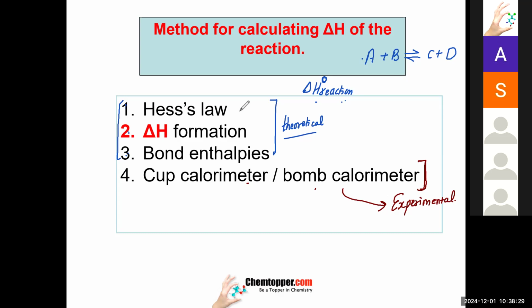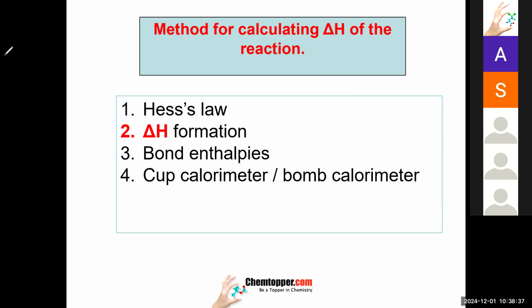So first, we'll do these three. They are very simple. I'm interchanging them. This is 1, this is 2.